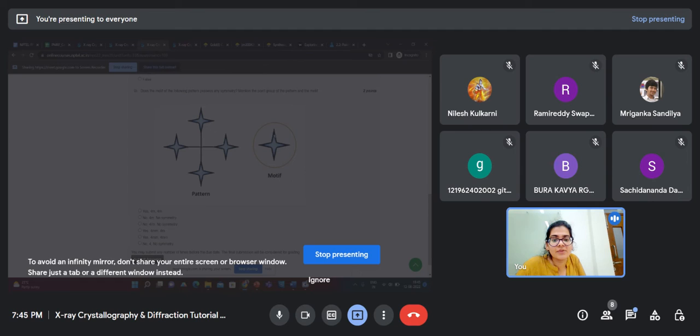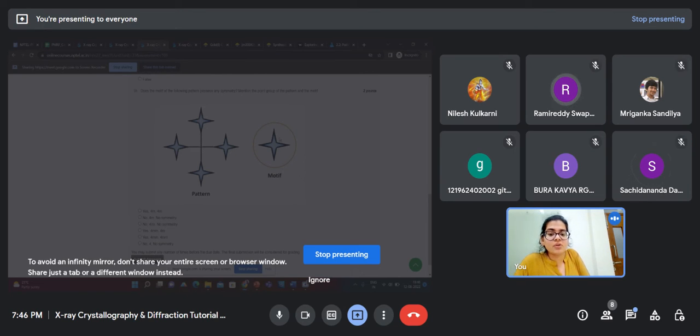If you rotate it by 90 degree, this point will come here, this will come here, this will come here, and this will come here. But if you rotate by 120 degree or 60 degree, then this point will come in between these 2 points. Are you understanding now?